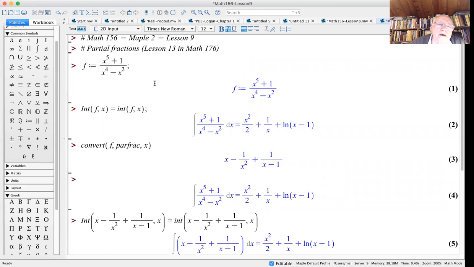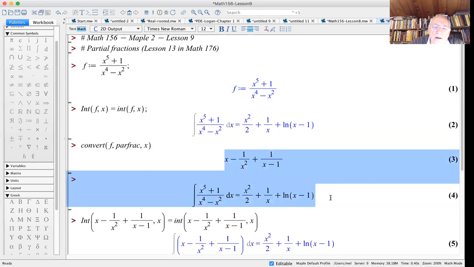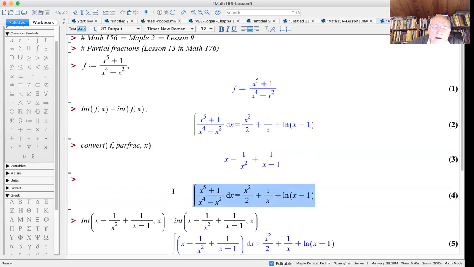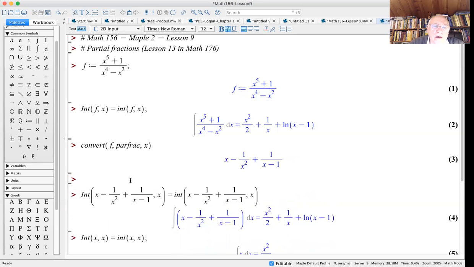So in Maple, here's the function. You want to integrate it, you just integrate it. But if you want to see how you would do this by hand, you would convert it to partial fractions and integrate the partial fractions.